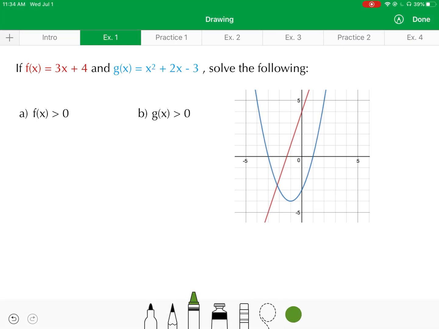What these inequalities are really asking us for are for what values of x are the y values of each function greater than 0, which means positive.